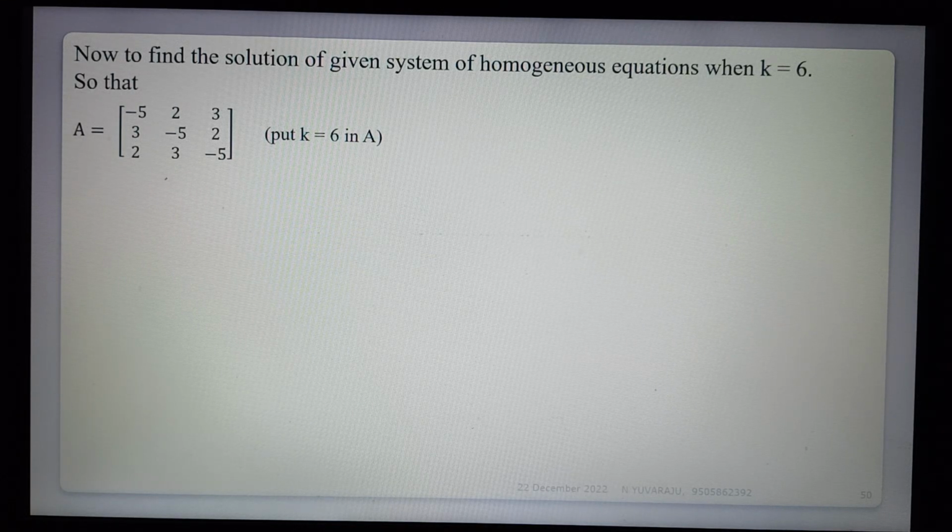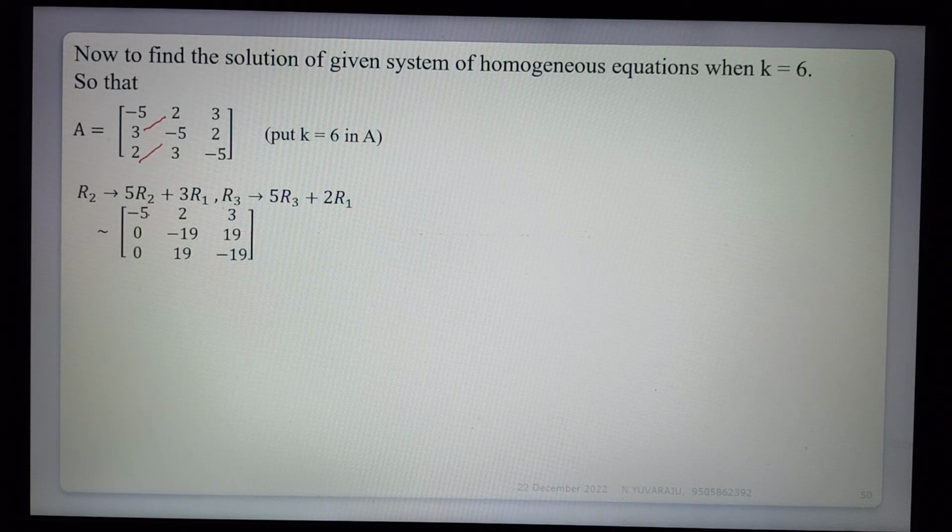This matrix is converted to row echelon form. Making this element 0 and this element 0 using R1, that is R2 is 5R2 plus 3R1, and 5R3 plus 2R1. After simplification: minus 5 2 3, 0 minus 19 19, 0 19 minus 19.